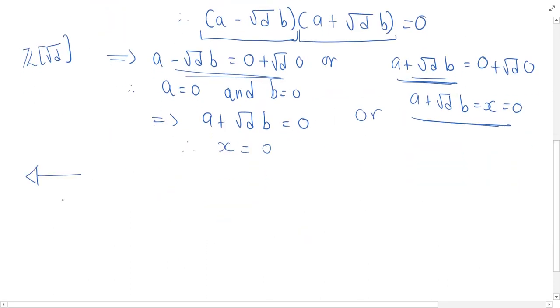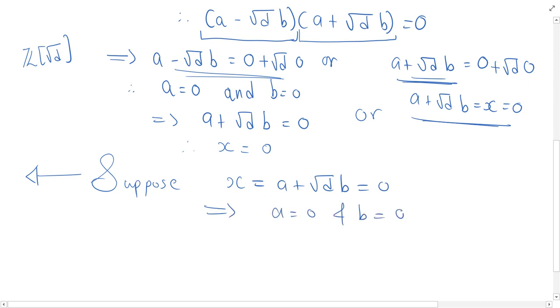Conversely, this is the notation for conversely, the back arrow. Conversely I will suppose my x is equal to 0. What is my x? X is nothing but a plus root db, and that is equal to 0. This implies my a is equal to 0 and my b is equal to 0. If my a and b are equal to 0, then what is the value of a square minus db square?